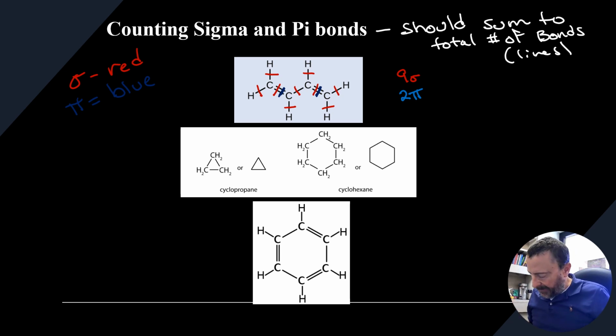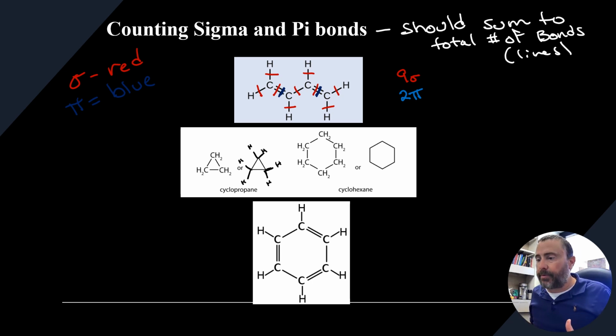Now, a little bit tougher is where we've got these little stick figures here, like the cyclopropane and the cyclohexane. There's actually hydrogens coming off that we have to count as well.